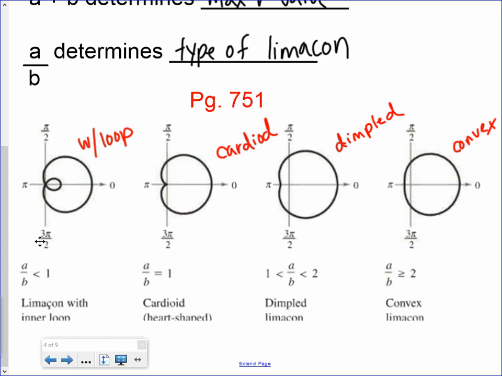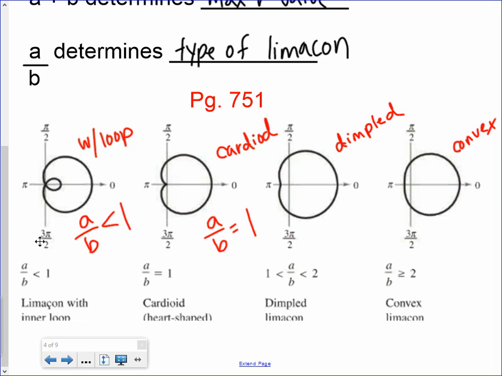To determine like what shape it's actually going to be, that's where you look at the ratio of A to B. So this limacon with a loop is whenever the ratio of A to B is less than 1. Then you have limacon with a loop. A cardioid is whenever A over B is equal to 1.